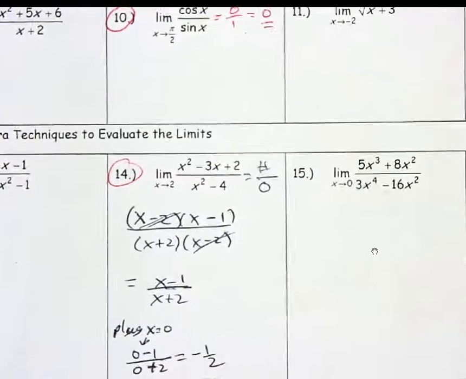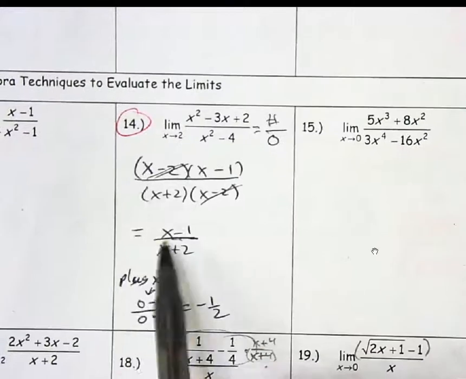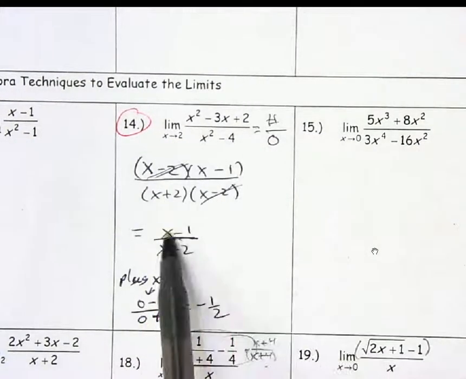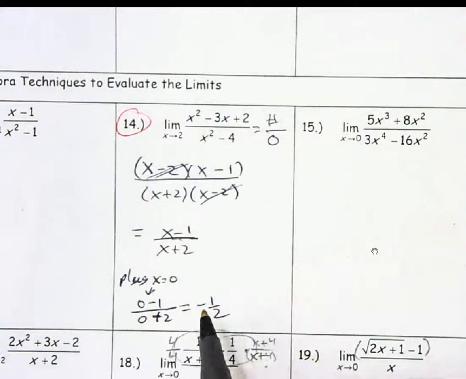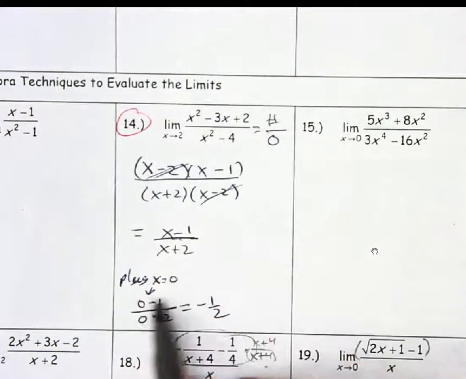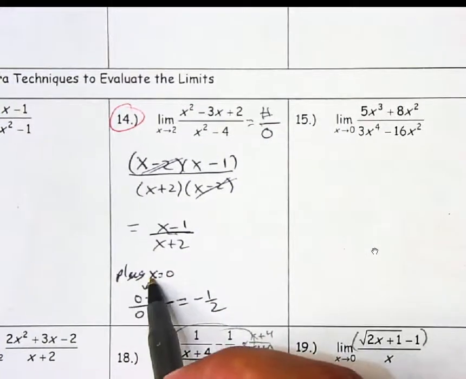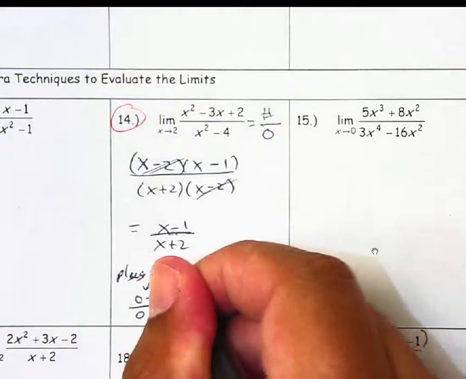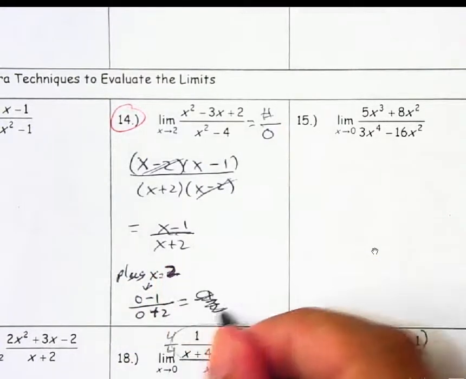And at this point, if we go back to what we were trying to do originally, that is plug in the little 2 into the x's, if we do that now, we're not going to plug in 0, we're going to plug in 2. Let me erase that.